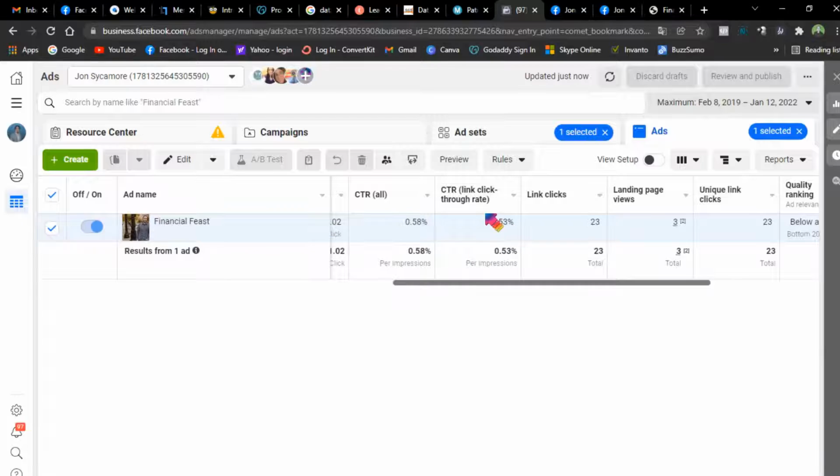And as for the link clicks, the link click-through, this is the number of times people clicked on the link. So in this case, it's your book now button, and you want at least 1 out of 100 people, so that's 1%, to be clicking on your link.